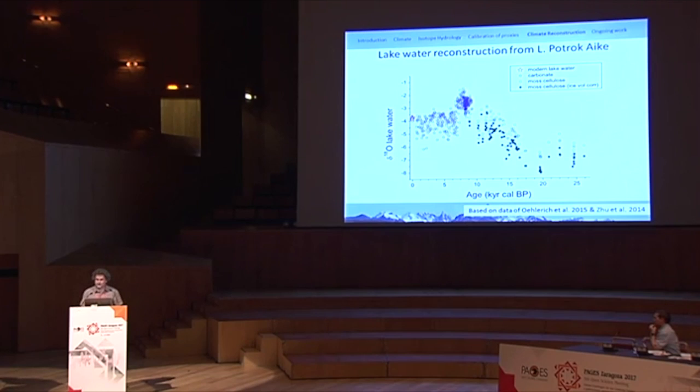Here also the reconstructed lake water isotope values. Unfortunately, these two records don't overlap much, so there seems to be a considerable change in the whole lake system, which didn't allow the growth of mosses anymore, but then suddenly the carbonate precipitation started.